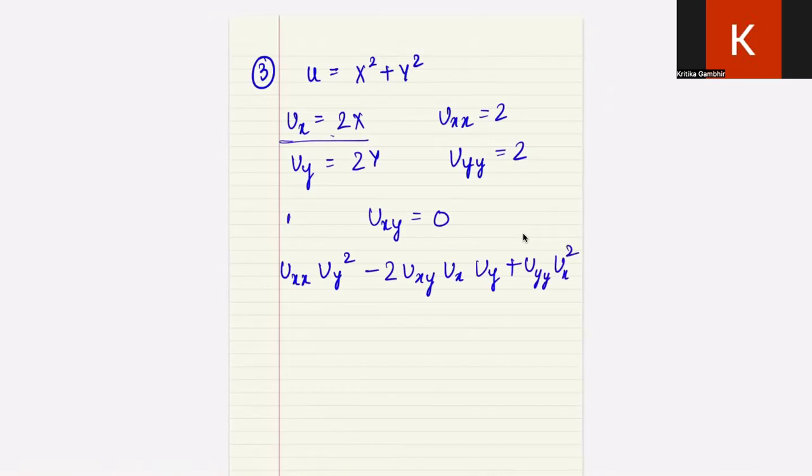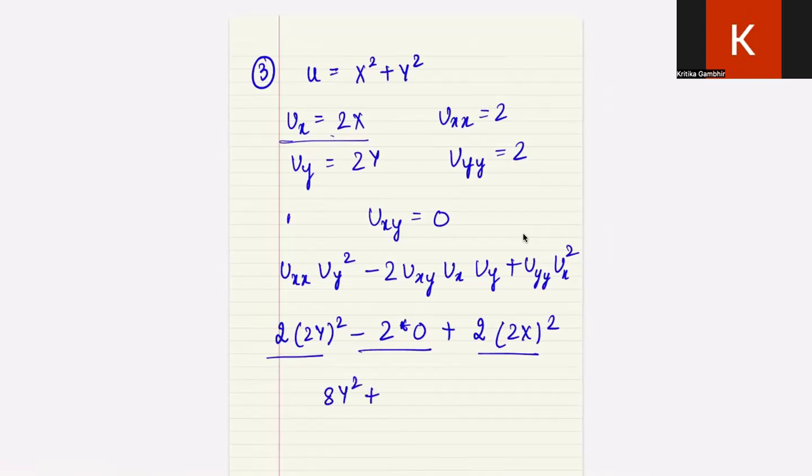So uxx would be 2, uy का square would any day be positive, 2y का whole square minus 2 into 0 plus this would be 2 and ux का square. So you see this turns out to be 0, and if you sum this, this would be nothing but 8y square plus 8x square.